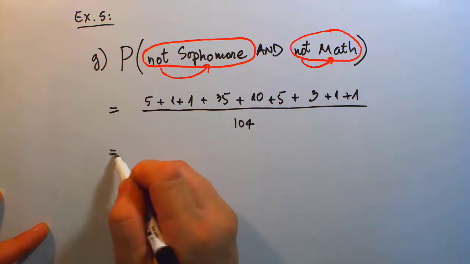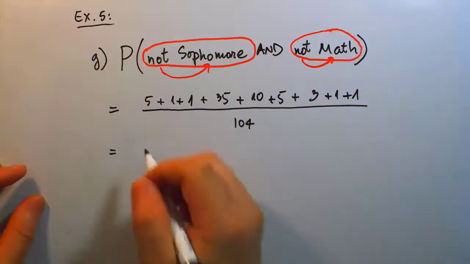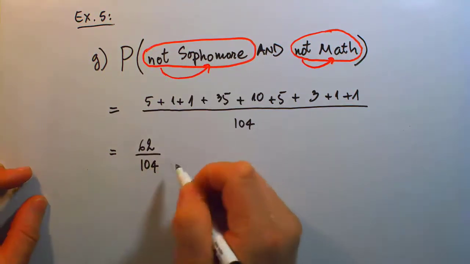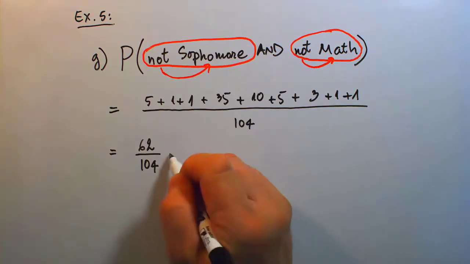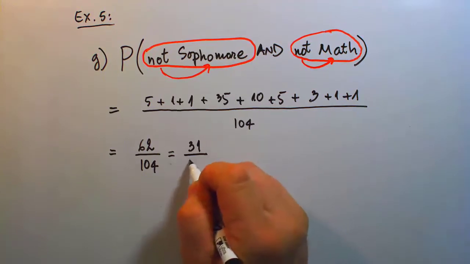And like I said again, I'm not saying that I'm explaining this in the fastest way, but it's in a way that assumes my students who are viewing this have not done any courses in logic at all. And so the math now gives me 62 out of 104, which reduces down to 31 over 52.